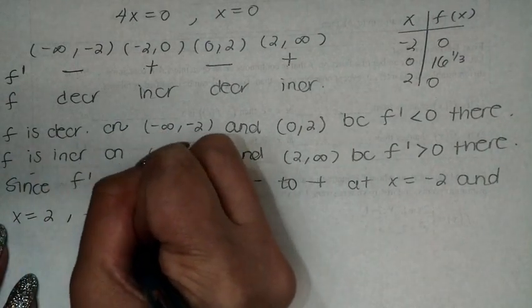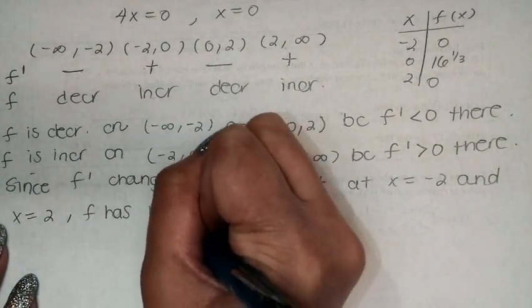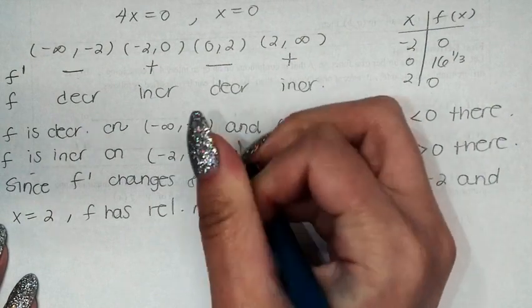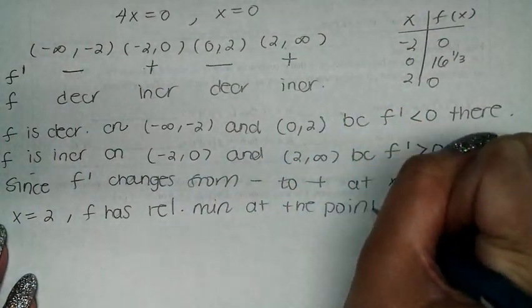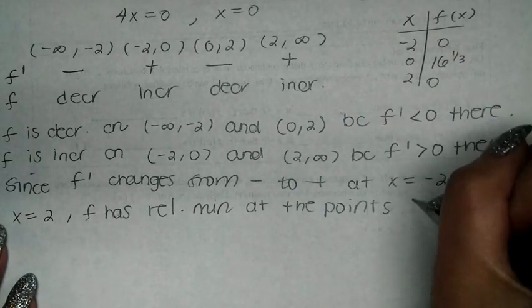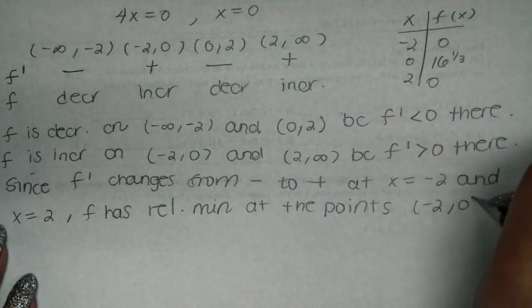f has relative minimums at the points (negative 2, 0) and (2, 0). Here I'm clarifying that they are points because they look pretty similar to the intervals that we have.